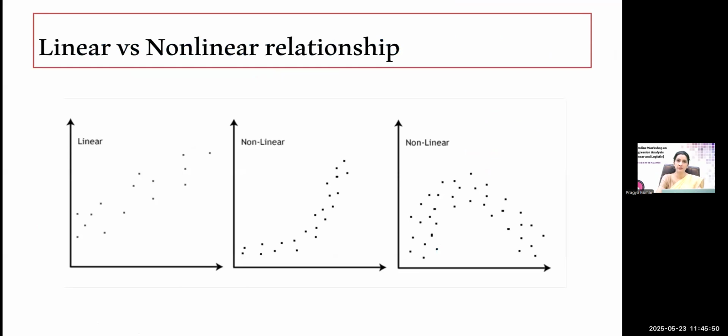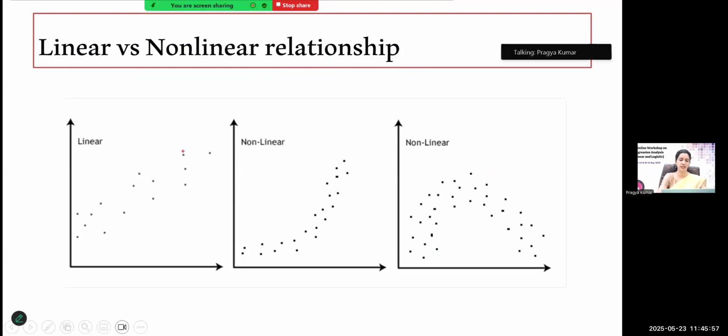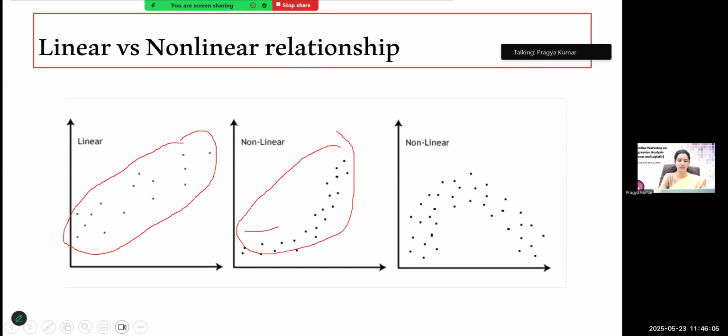These are a few examples of scatter plots where you can see non-linear or linear relationships. In this case, you can see the line is a linear line. This one is non-linear because it is like a hyperbola. This is again like an inverse U, so this is non-linear.